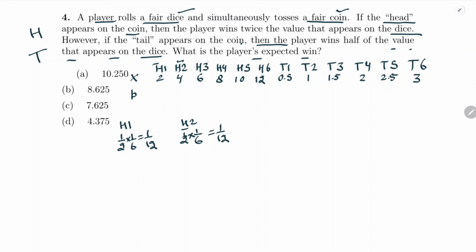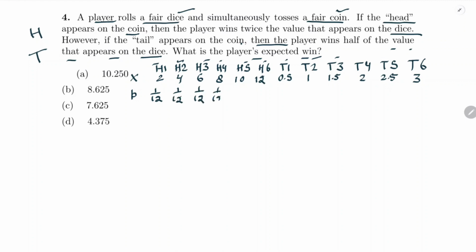So we can see that the probability of all these 12 outcomes will be the same, that is 1 by 12.